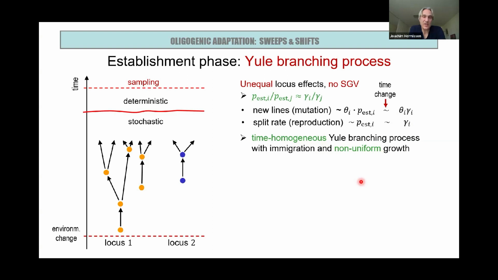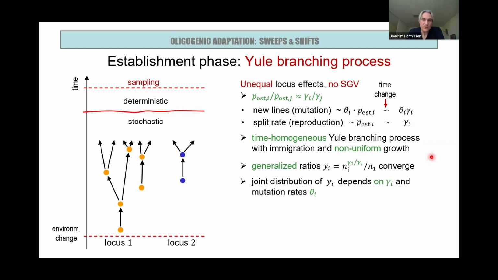So we did get rid of this time inhomogeneity, which is technically the most problematic part of it. But now it has non-uniform growth. So the split rates, this is sort of the growth at all these loci, this is now non-uniform, no longer 1 at all these loci.